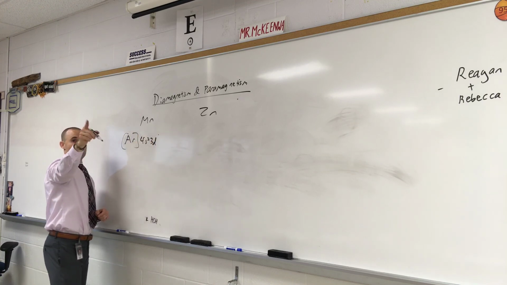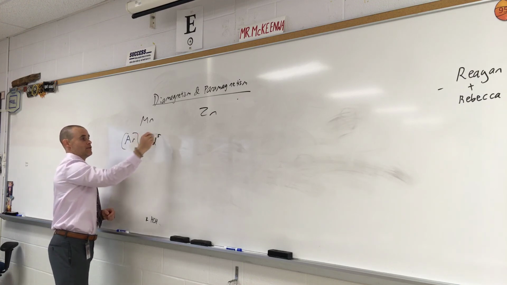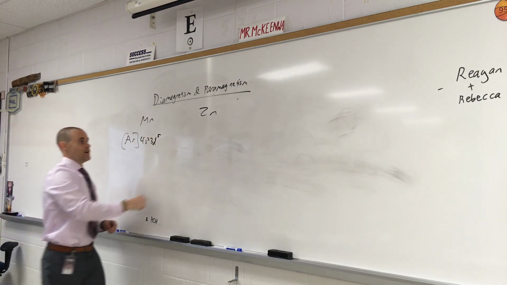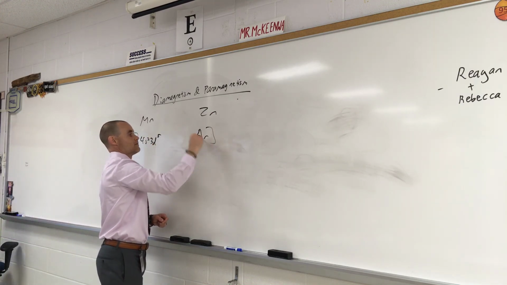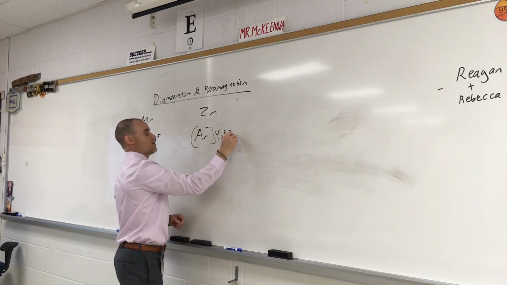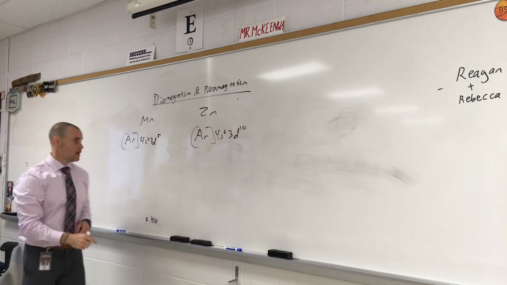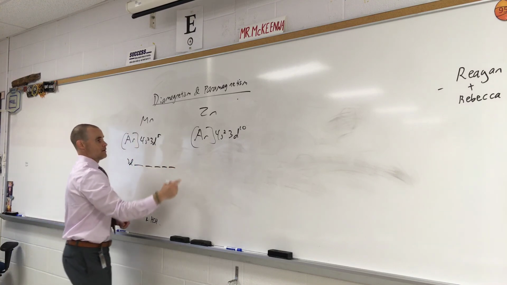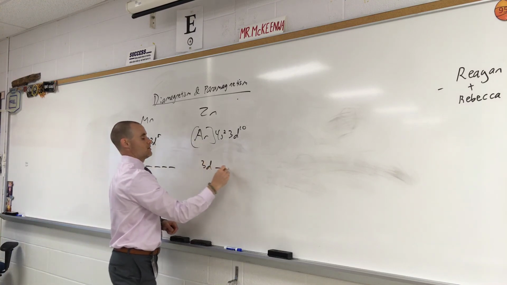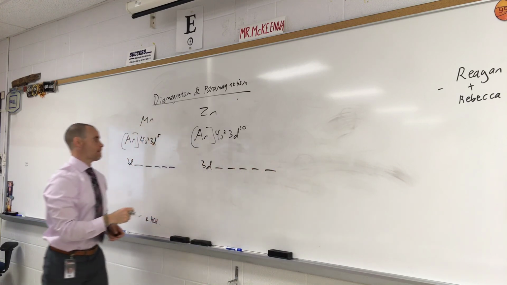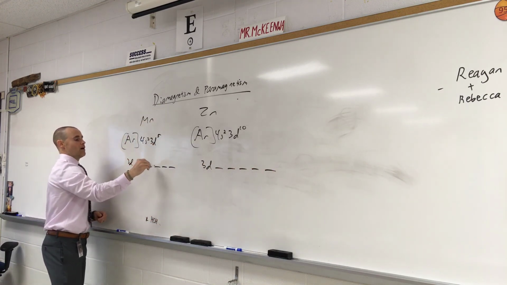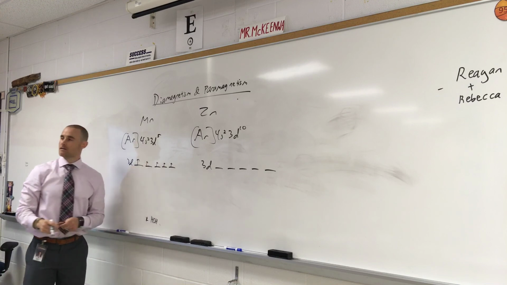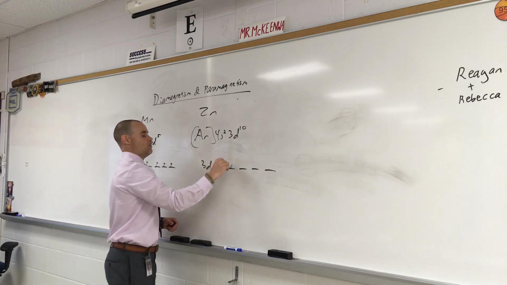Count. 1, 2, 3, 4, 5. 3d5. Okay. Zinc is argon 4s2, 3d10. Let's do the orbital notation for the 3d for both of these. Manganese would have one arrow in each box. Zinc would be full.